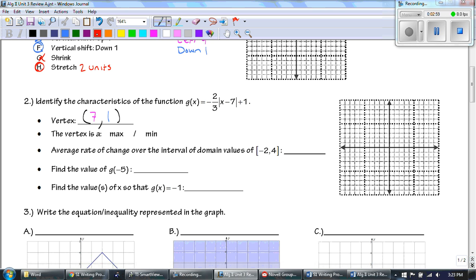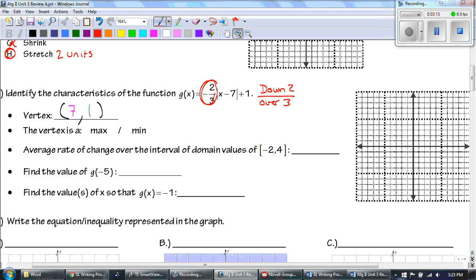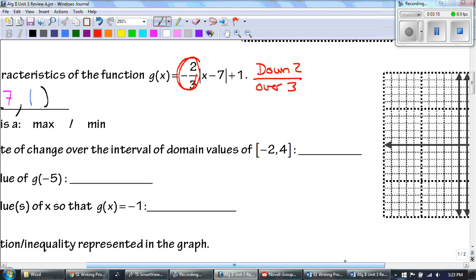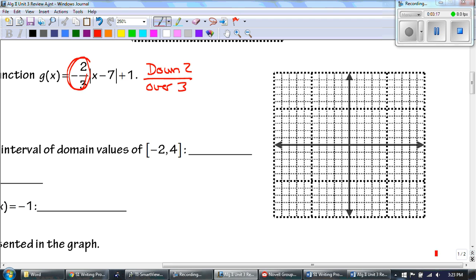One thing I do notice right away is that negative 2/3. That means we're going to be going down 2 over 3. So why don't we just graph it and then we can answer the other questions.